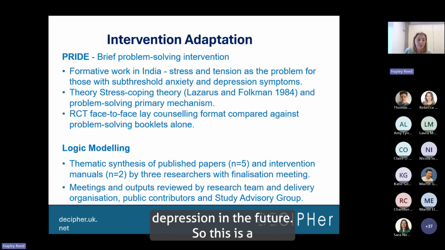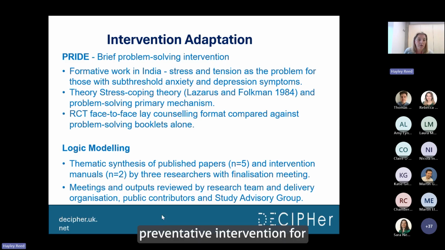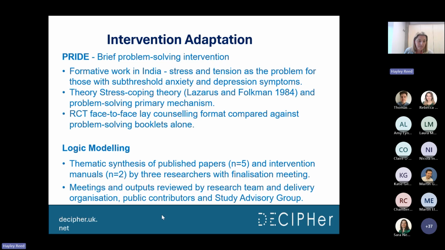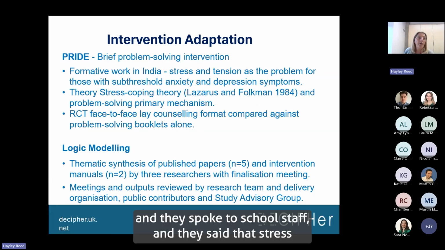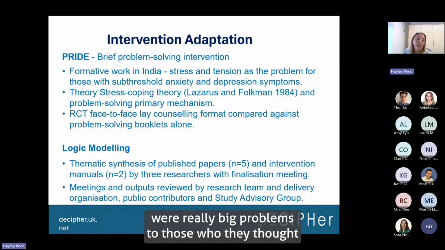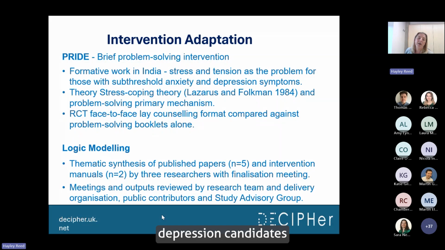So this is a preventative intervention for targeted groups of young people. So the Pride intervention itself had a formative piece of work in India where they spoke to young people and they spoke to school staff, and they said the stress and tension were really big problems for those who they thought were kind of subclinical anxiety and depression candidates.